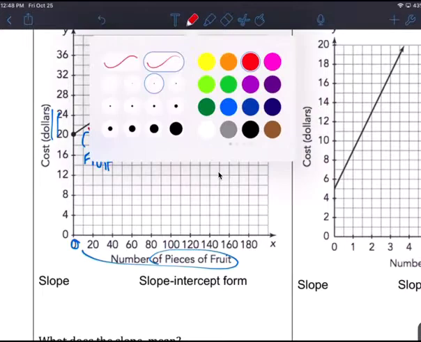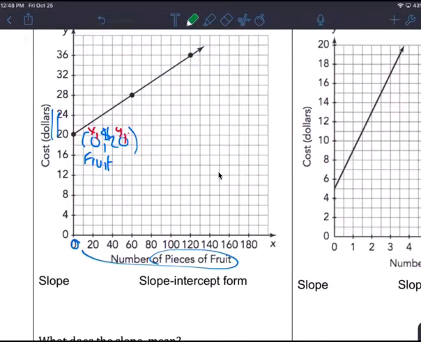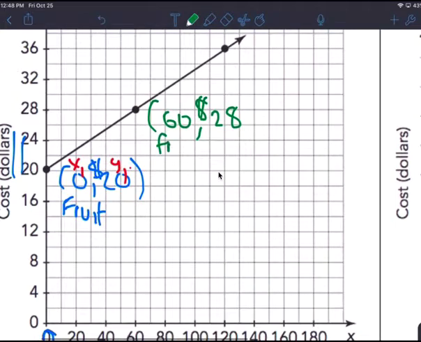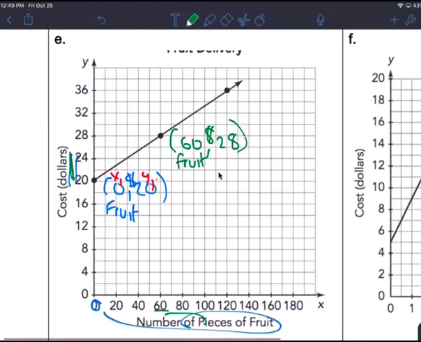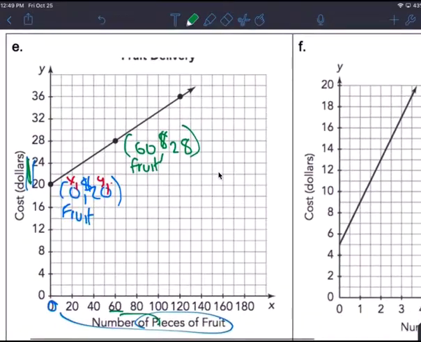Okay, and the second point we'd use is 60 and 28. It's $28. 60 pieces of fruit for $28.